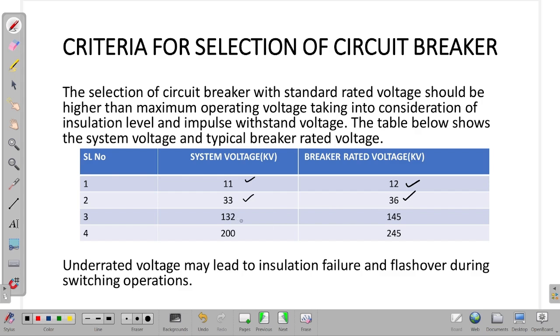Similarly, if the system voltage is 132 kV, the breaker rated voltage is 145 kV. If it is 220 kV, then the rated voltage is 245 kV.